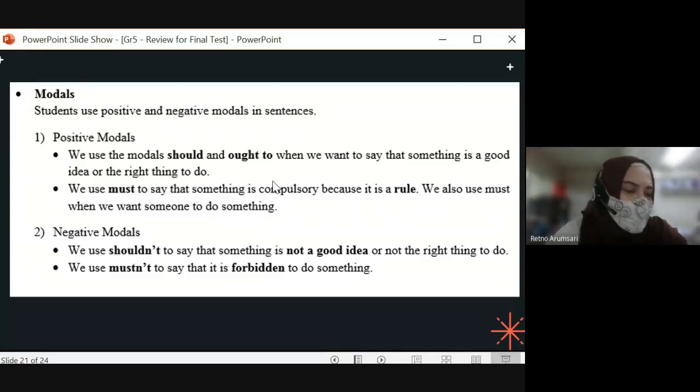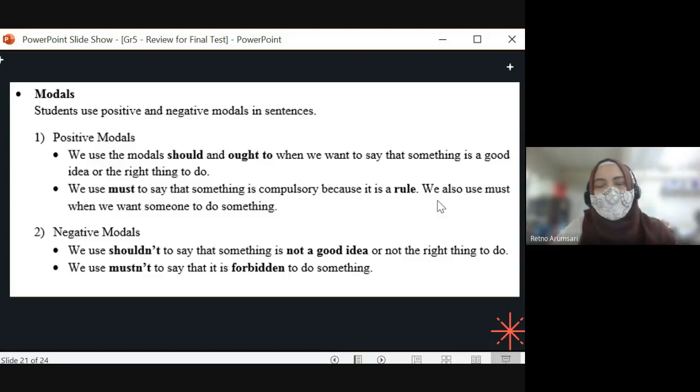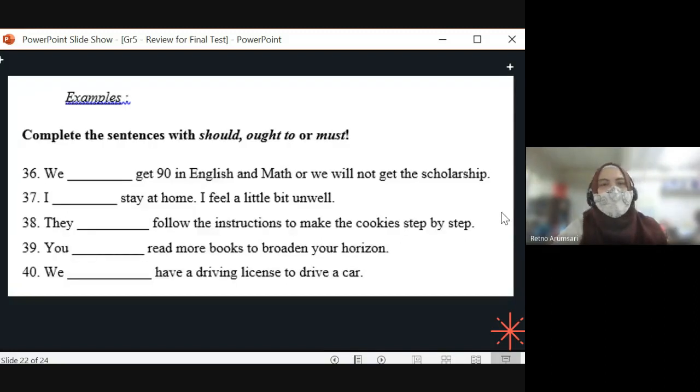Same goes with shouldn't. If you say you shouldn't do something, but the person still does that action, is that also okay? So should and ought to are used when it is a good idea to do something, and shouldn't is used when it is not a good idea or the right thing to do something. All right, now let's go to the examples.